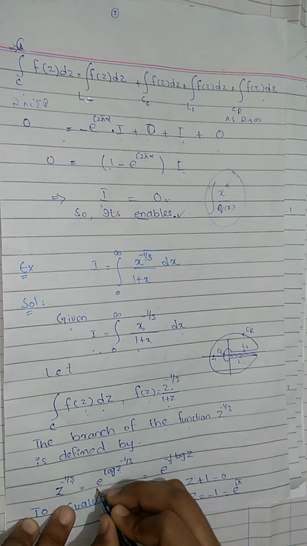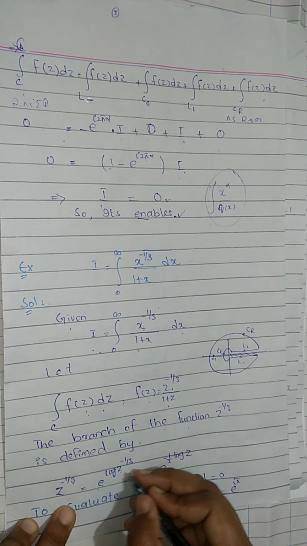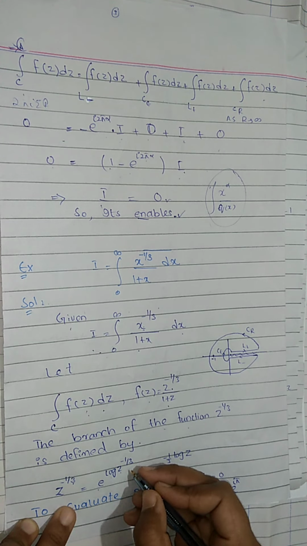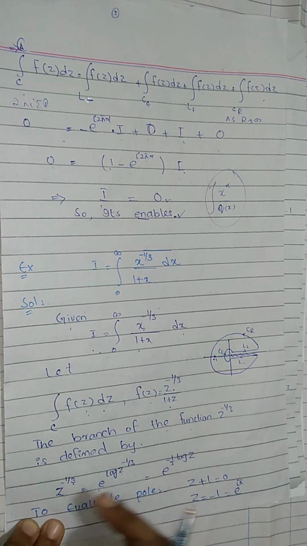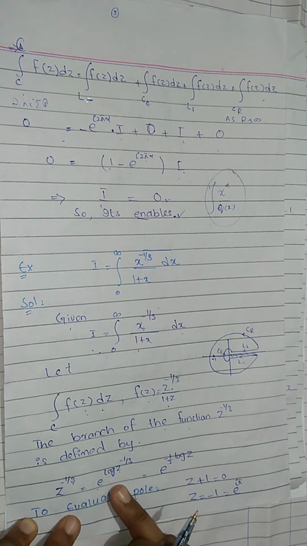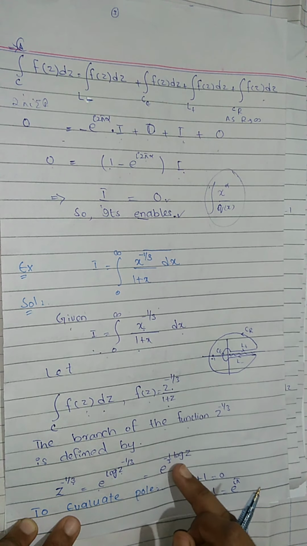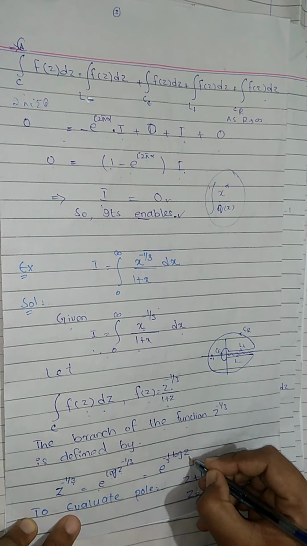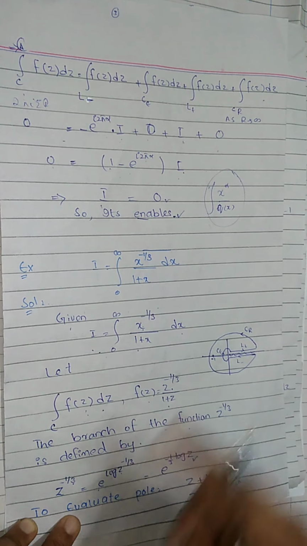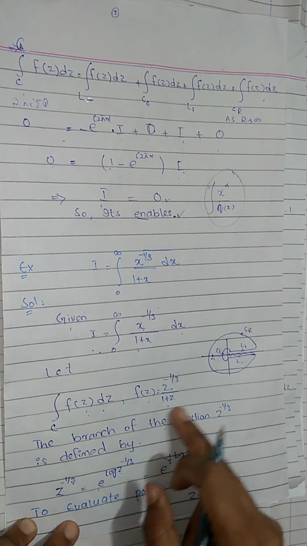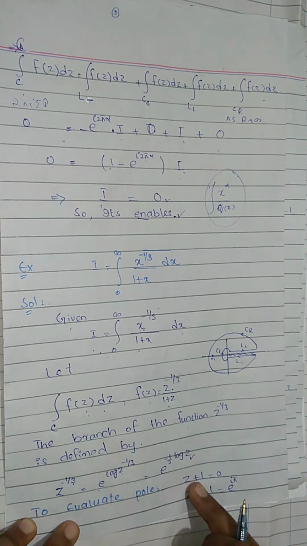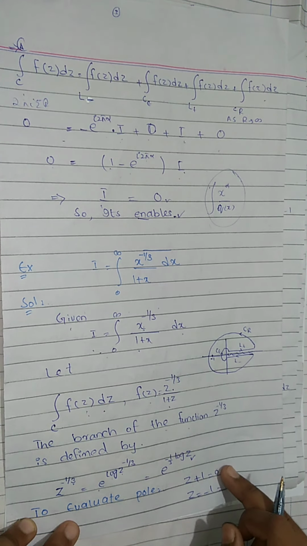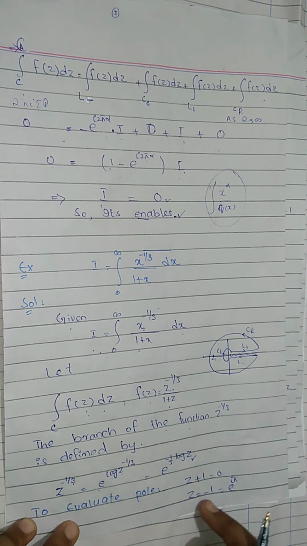Now let us see another example whose integral we are able to find. Given I is equal to the integral from 0 to infinity of x raised to power minus 1 by 3 over 1 plus x dx. Put it into a contour, replacing x by z: f of z is equal to z raised to power minus 1 by 3 over 1 plus z.